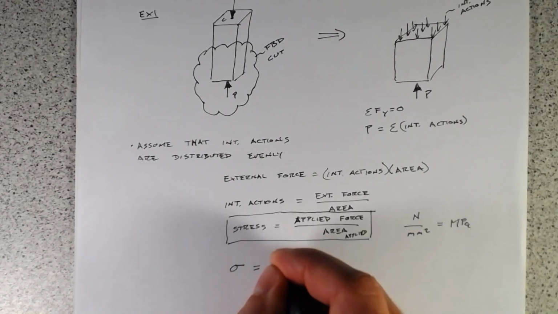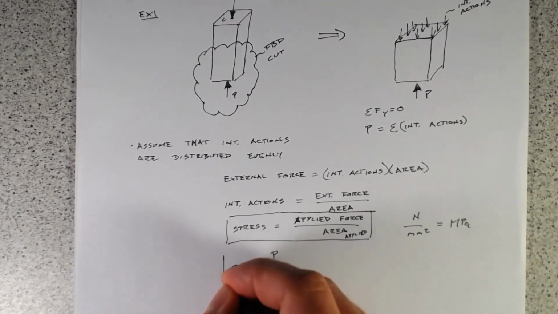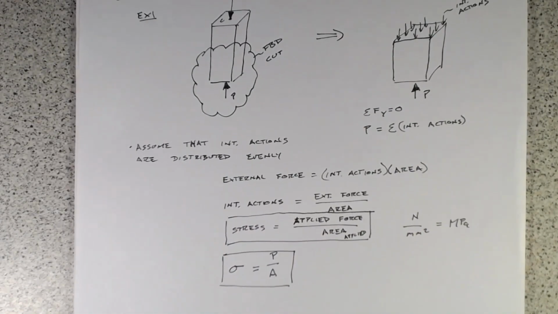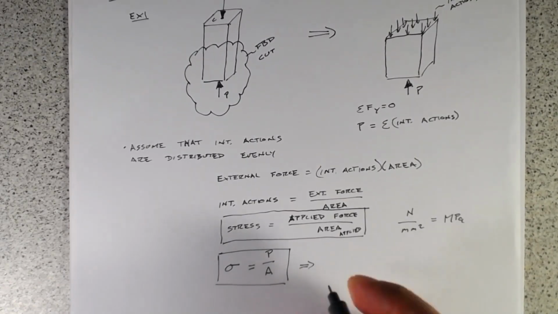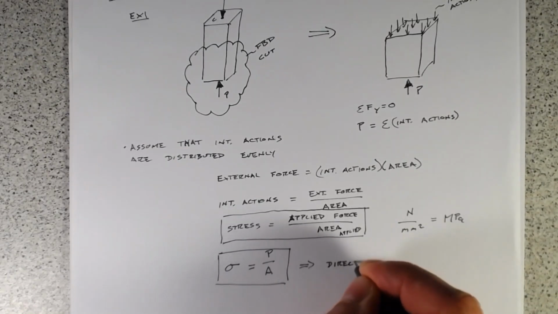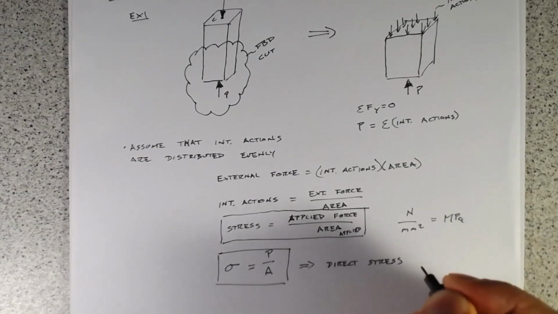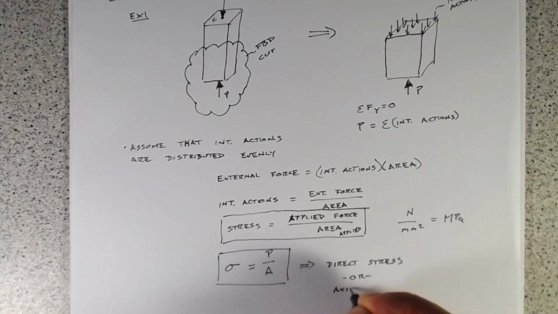So sigma equals P over A. And what we've drawn up here in our example is an example of direct stress. And you might also think of direct stress as axial stress.